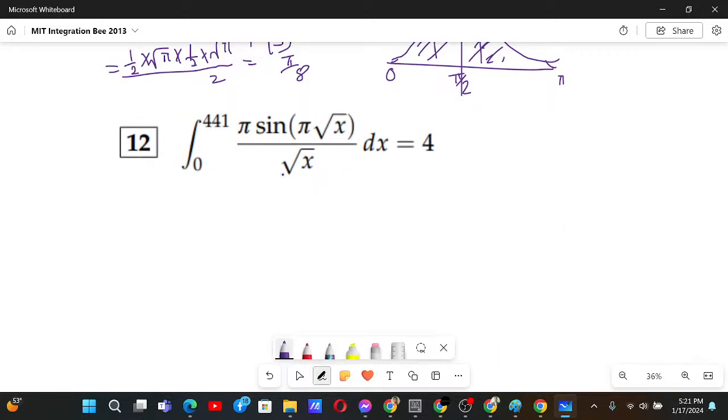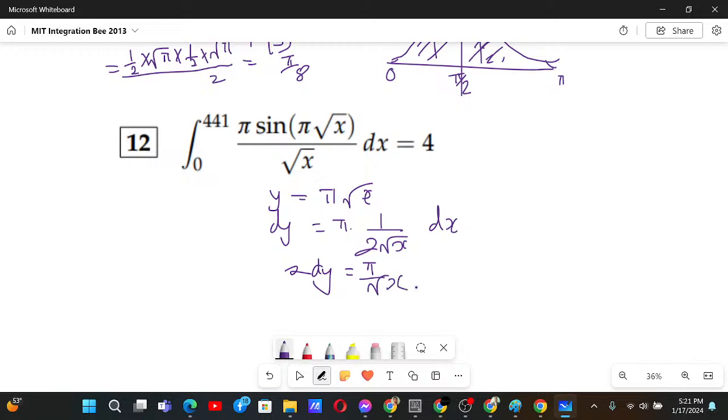Okay, now for this problem, we can first try to simplify this argument in sine. So let y be that, and then dy will be pi times 1 by 2 root x times dx. So 2 dy will be pi by root x dx, and this is already given over here, so that simplifies our problem a lot.